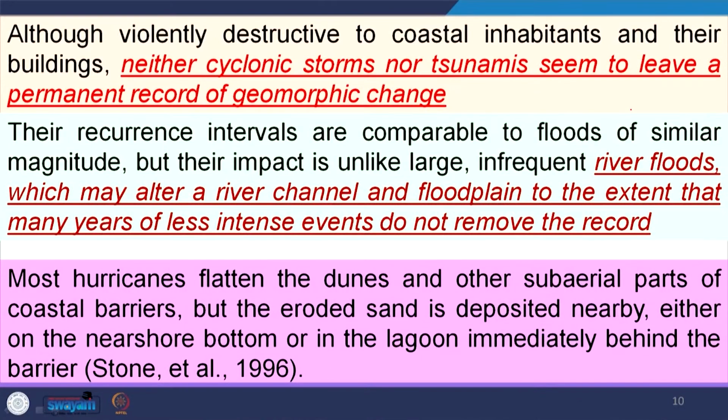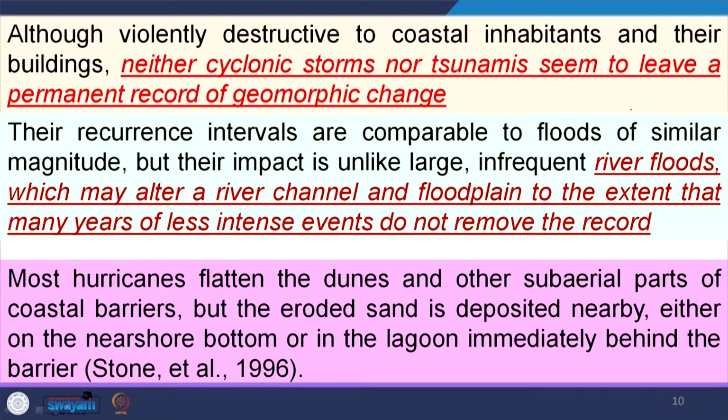Although violently destructive to coastal inhabitants and their buildings, neither cyclonic storms nor tsunamis seem to leave a permanent record of geomorphic changes. That has to be understood here. Though they occur and go far beyond the normal level, whatever record they leave is not permanent, because it can easily be modified by other processes.